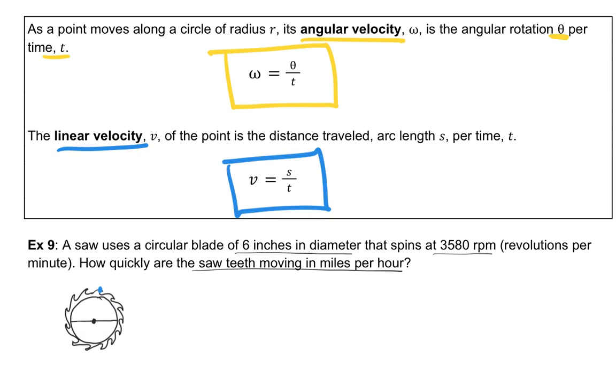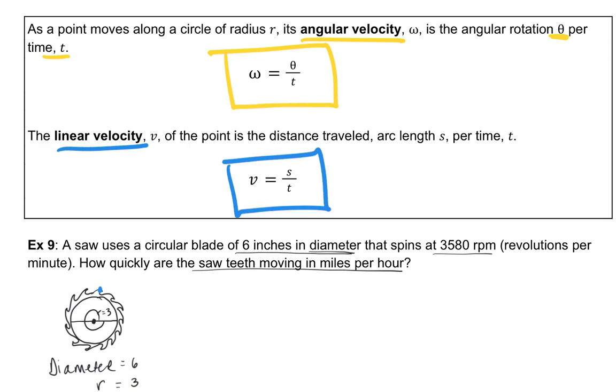So let's see, the diameter is 6. That means the radius is half of that, the radius is 3. And the circumference of a circle is 2 pi r, so that's 2 pi times 3, or 6 pi. Now, when I make one rotation, my little sawtooth goes around one full circumference.